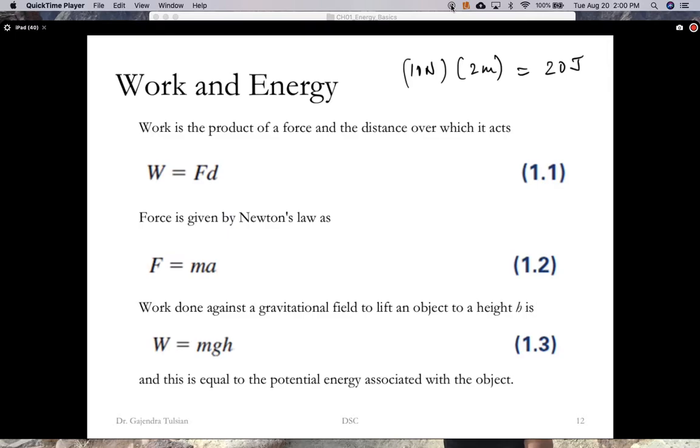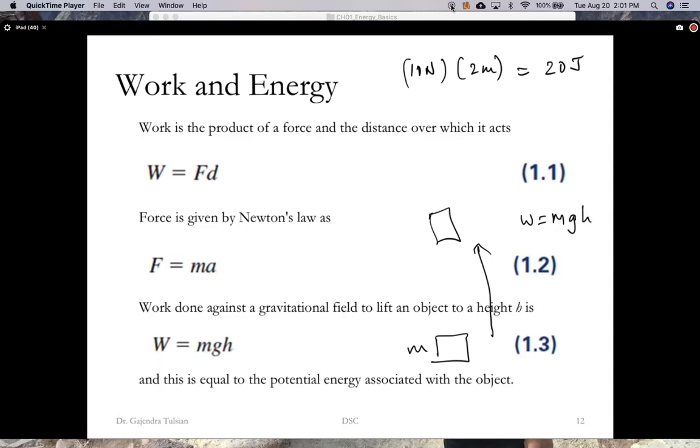The force you have applied on an object is equal to the mass of the object times its acceleration. You can also do work when you lift an object up. So if here's a box and you lift it up through a height h, the work you have done is the mass of the box times acceleration due to gravity times the height through which you lifted.